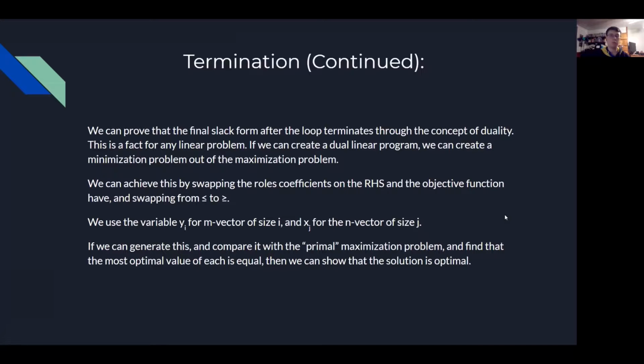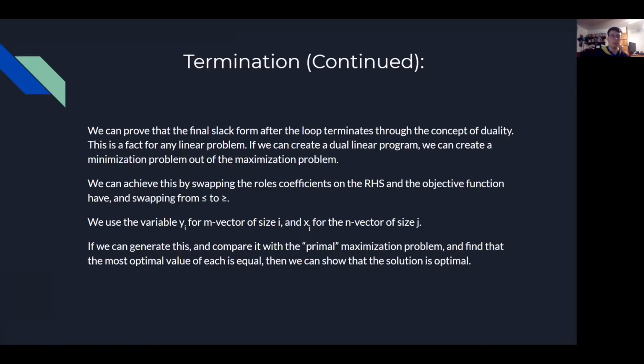And then we can also prove that the final slack form after the loop terminates is optimal with the concept of duality. And this is something we can apply to any linear problem. If you take a linear program, you can build a dual linear program off of it, which is we create an extra linear program that is minimization rather than maximization.